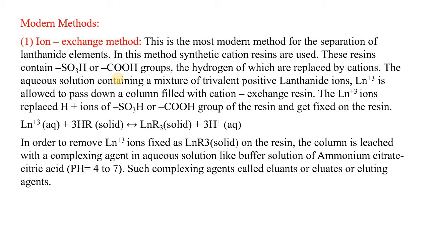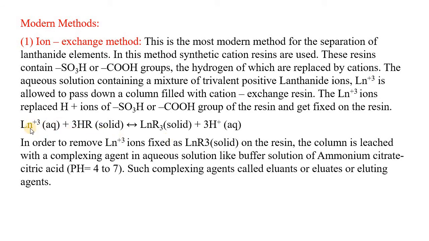When the solution of lanthanide is added to the column containing the ion exchanger with the functional groups SO3H and COOH, the lanthanide ions replace the H plus of SO3H and COOH and get fixed on the resin. Check here a simple representation.